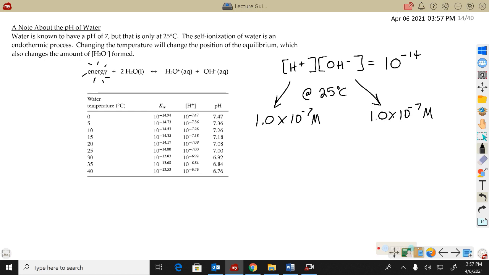Now, obviously, when we throw stuff in water, the water can act like an acid or a base. But in just a pure sample of water, it will always be neutral.